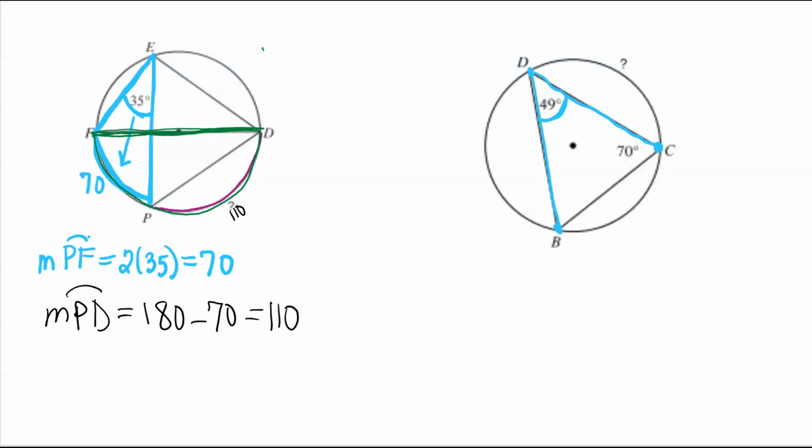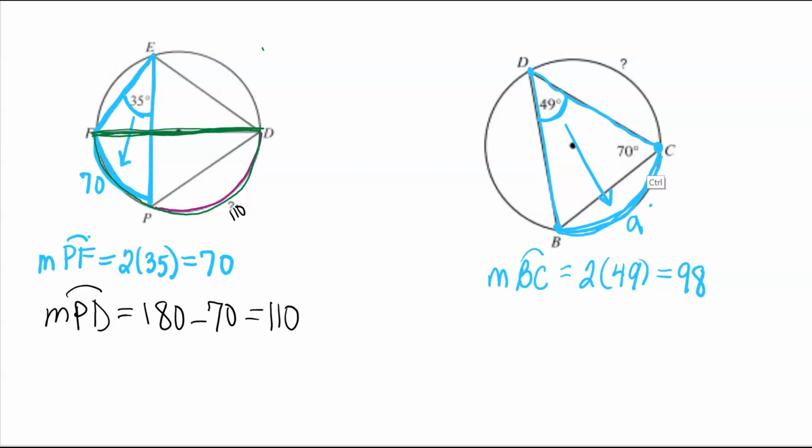If this is 49 degrees and we're making our way out, we are going to take 49 and multiply it by 2. So the measure of arc BC is going to be 2 times 49, which is 98. So this arc is 98 degrees.